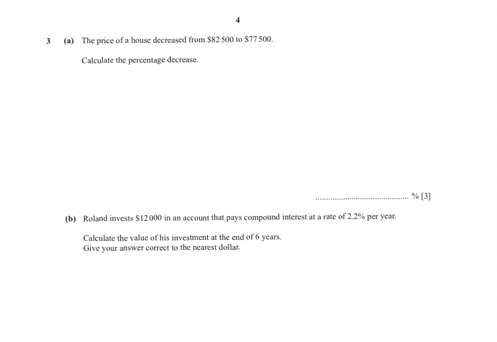3. The price of a house decreased from 82,500 to 77,500. Calculate the percentage decrease. To find the percentage decrease, take the decrease over the original, times 100.